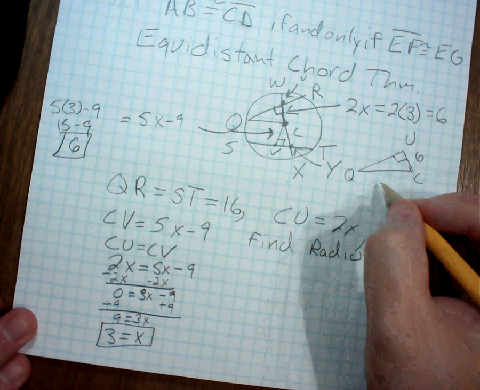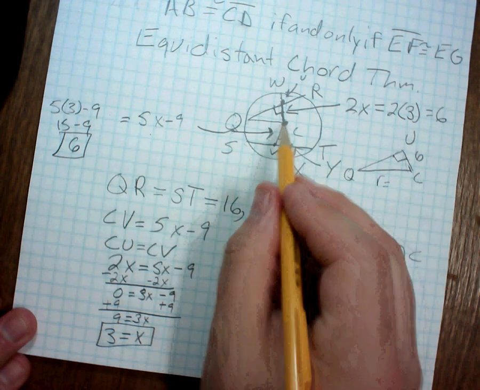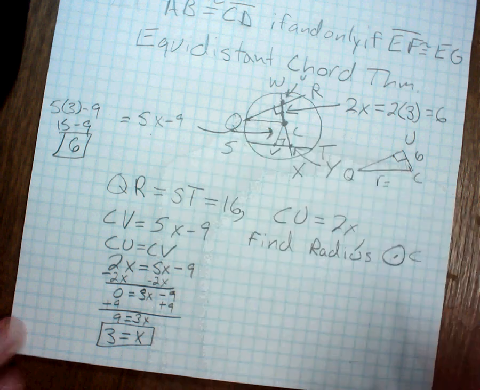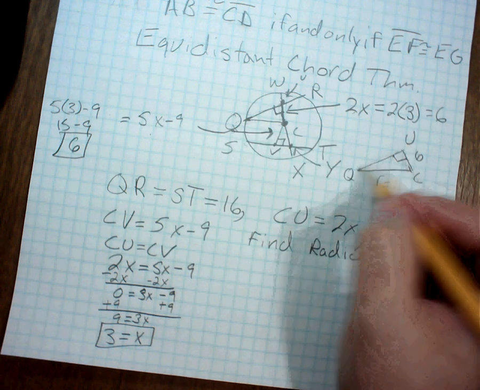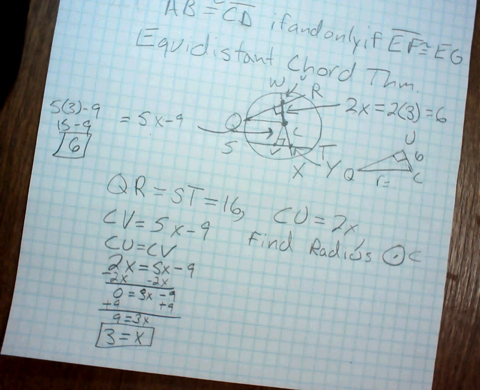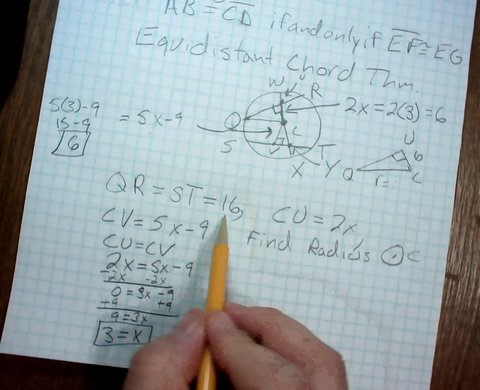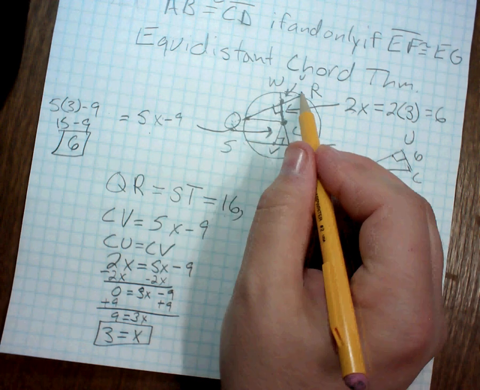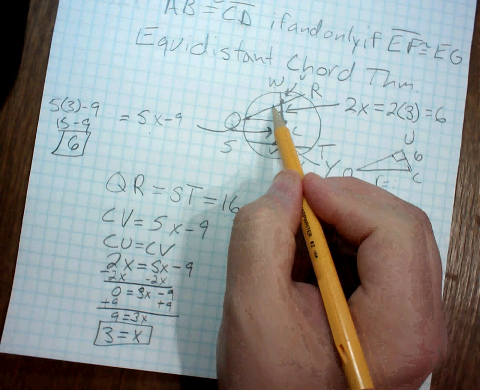So now this is the radius R. Right? From Q to C is the radius because it goes from the center of the circle to Q, which is on the edge of the circle. So that's technically the hypotenuse of this little triangle. So if I can find this distance QU, I can use the Pythagorean theorem. Well, what do we know? We know that QR is 16. We also know that the chord is being bisected by the diameter such that it's a 90-degree angle.